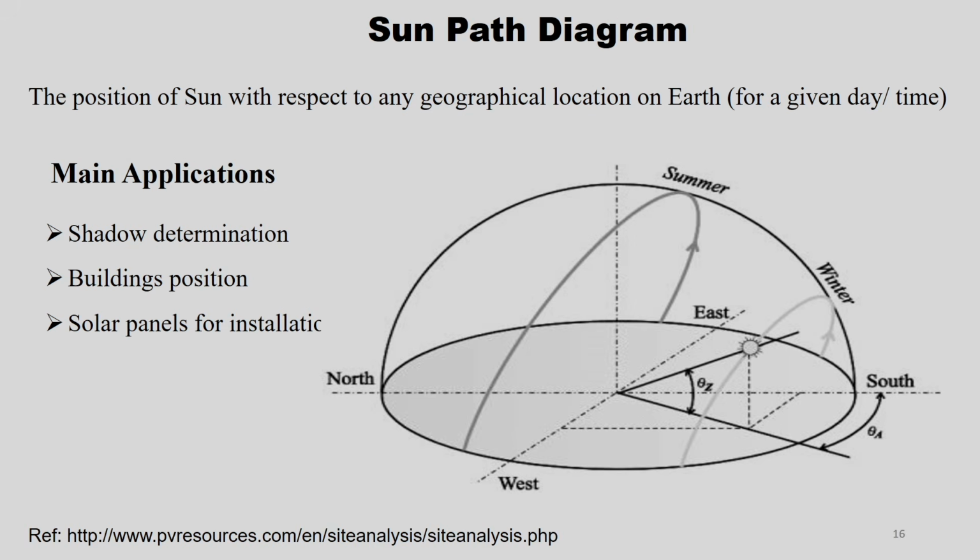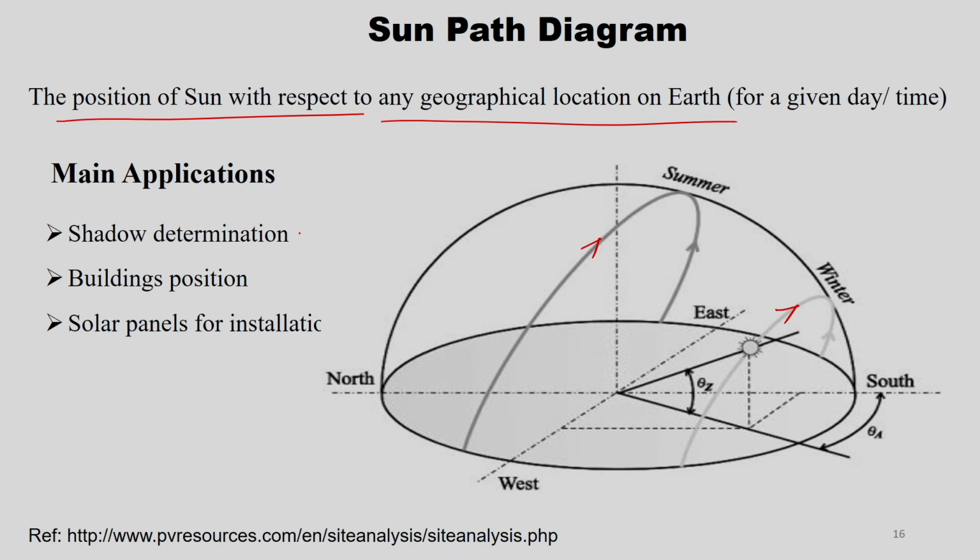The next one is the sun path diagram. This is nothing but the position of the sun with respect to any geographical location on the earth for a given day and time. This is the sun path during summer time, and this is during winter time, showing how the sun travels from sunrise to sunset in a day.